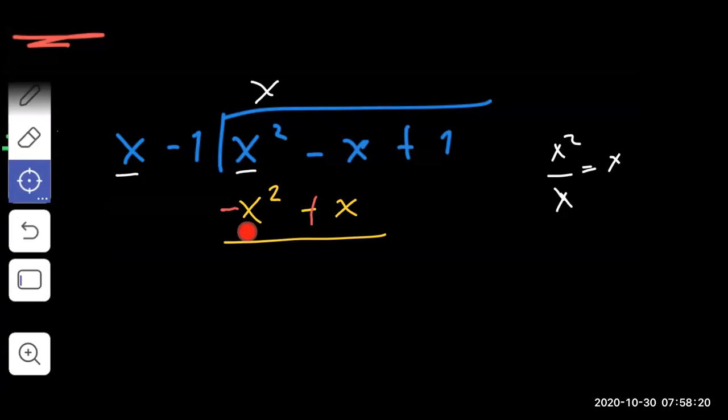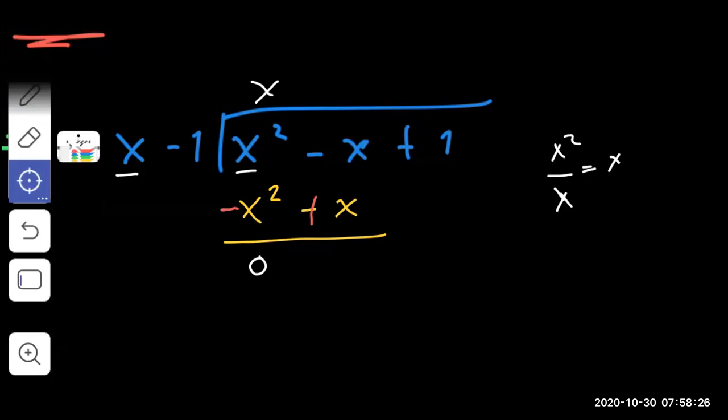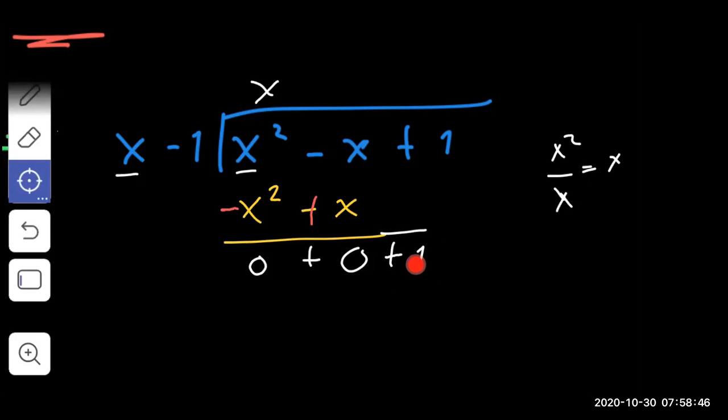x squared minus x squared is 0. You can cancel. Then minus x plus x is 0. Oh my gosh, that is 0. It's even better, guys. Let's bring down the next number, plus 1. But in this case, I don't have a variable anymore.